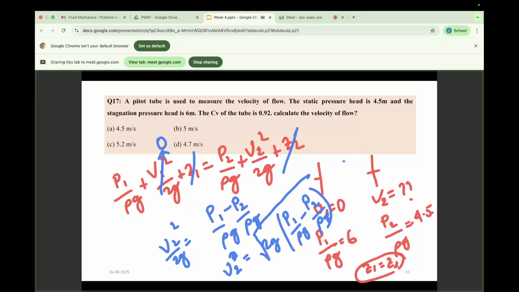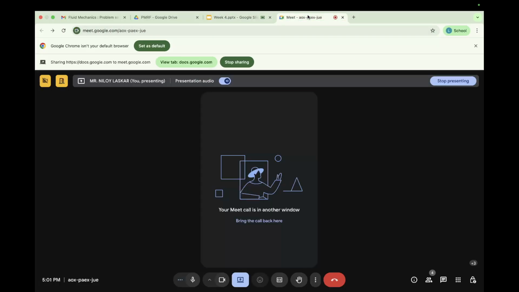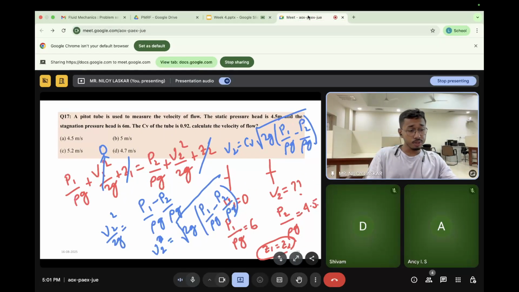CV is a correction factor, and it comes before the root of 2g into P1 by rho g minus P2 by rho g. So that is the thing. So you put the values and just calculate. So that is the concept.